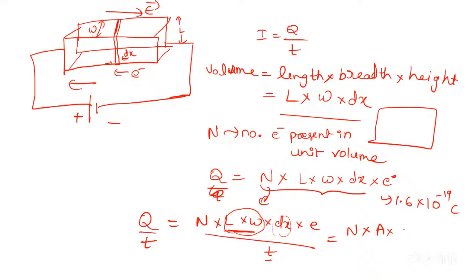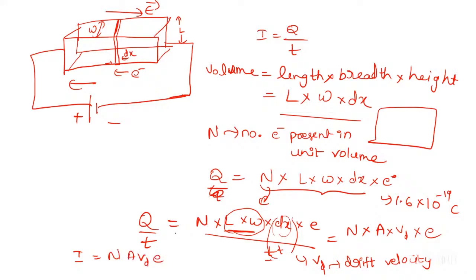Speed or velocity, right? So we'll take dx by dt as vd, the drift velocity, into e. So I is equal to n into A into vd into e. Hope this derivation is clear to you.